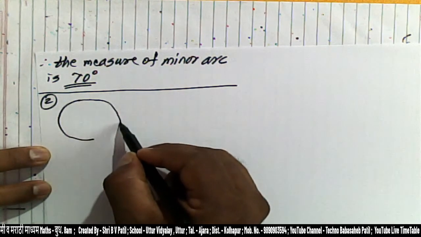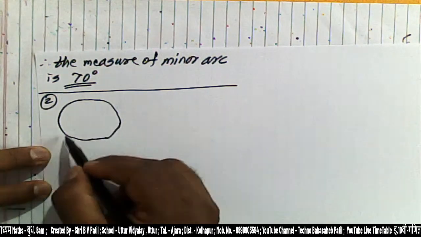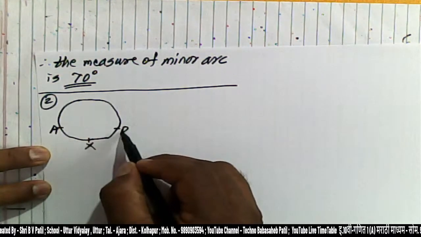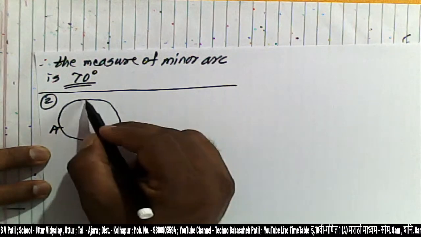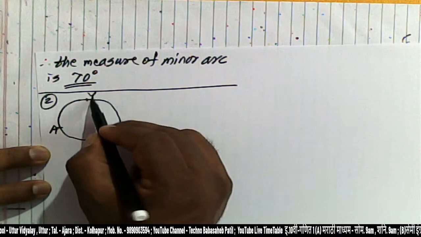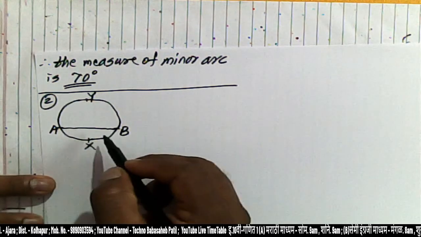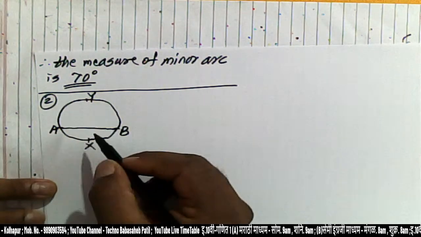A circle is given, with arcs AXB and AYB. Segment AB divides the circle into two parts.